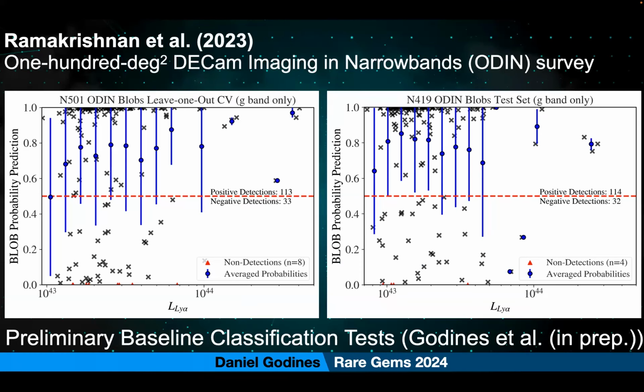On the left, we trained a classifier with redshift 3 blobs, and we find that the probability prediction is highest for the blobs that are more luminous, which is something that we expected, but weren't able to show until now. And most important is we train with redshift 3 blobs, and we find them at redshift 2. So now we can span and search a very large comoving volume.